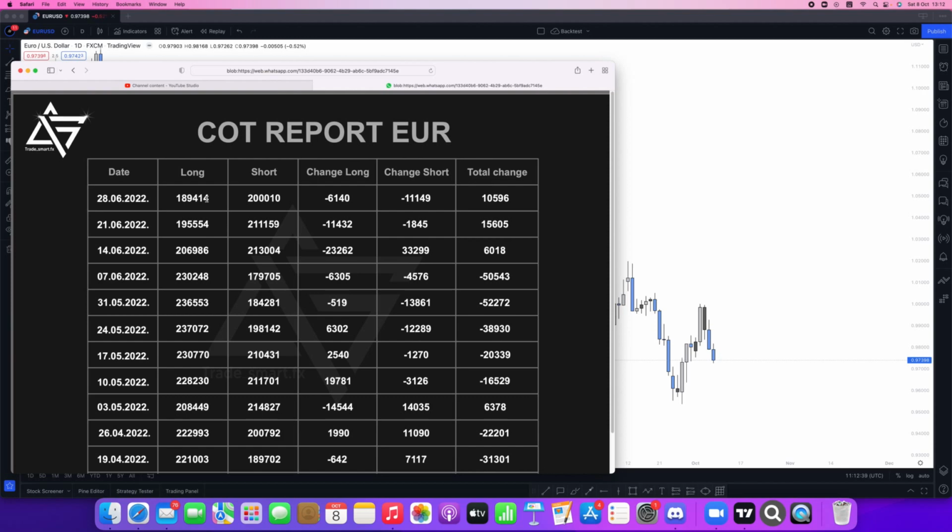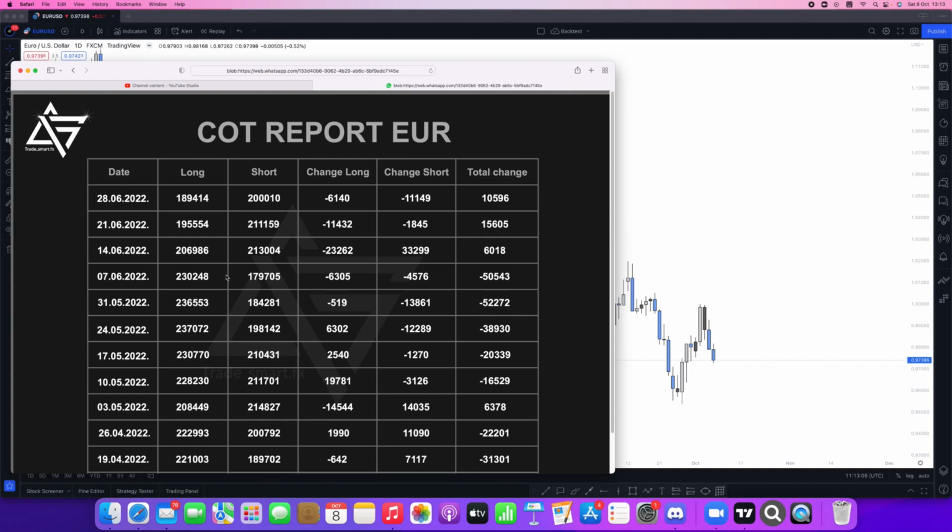They make a report, and after three or five days they release it to the public. So a lot of things can change in the meantime, and it doesn't give you exact information on what they're currently doing, but you see overall what they're doing. This is what institutions are buying and selling.